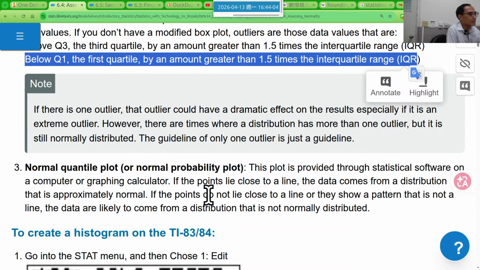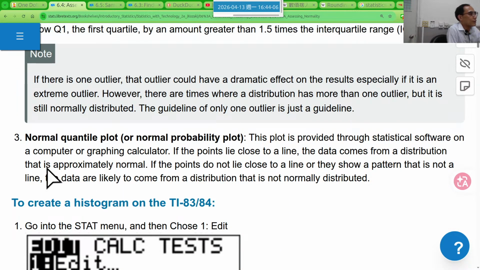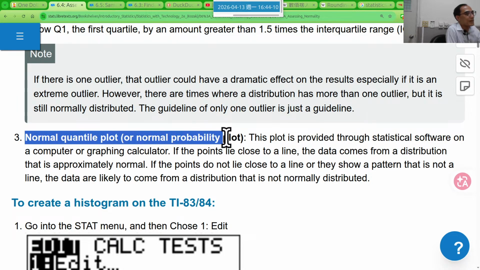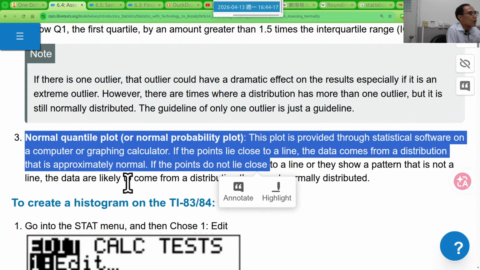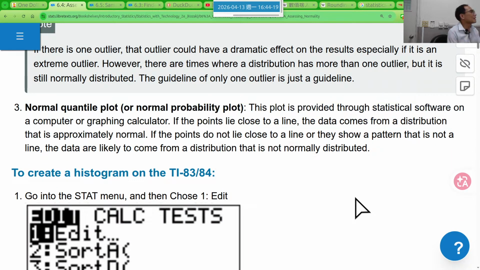Third, the normal quartile plot or normal probability plot. This plot is provided through statistical software on a computer or graphing calculator. Later I will show how to find it.